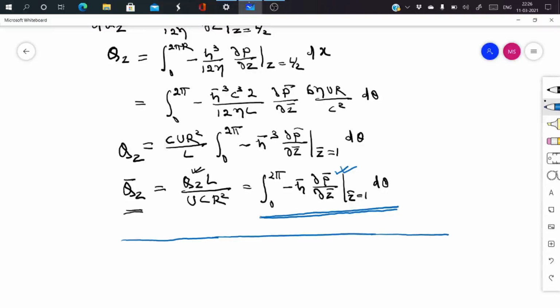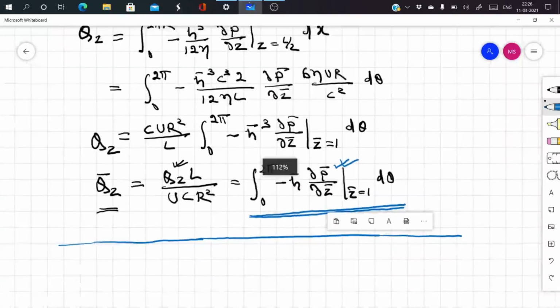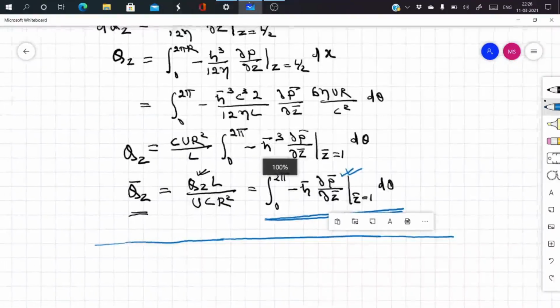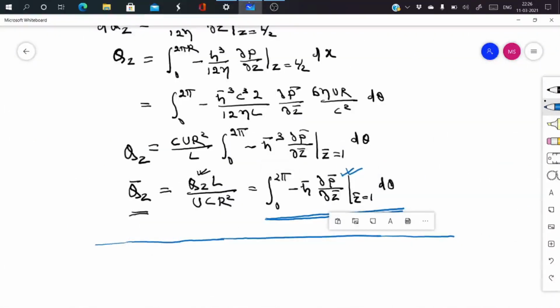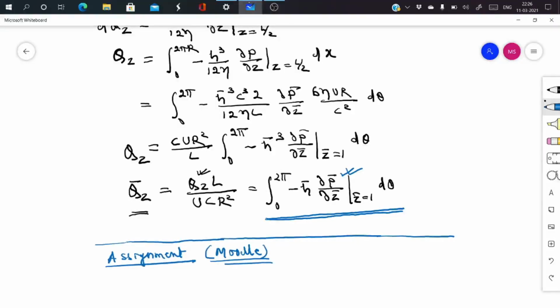What I suggest, you do one assignment on this. This assignment you have to submit in Moodle. The link will be open for you. This assignment will have two cases.